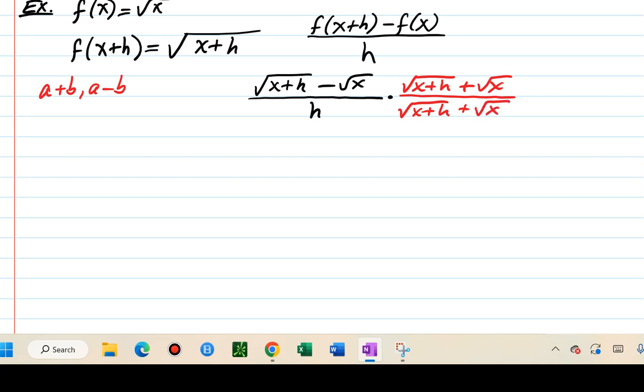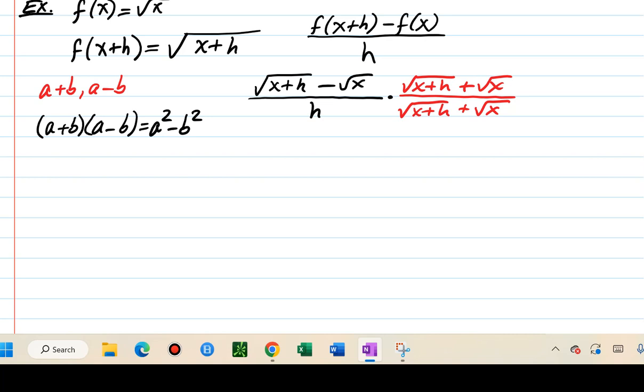Good. Now, why did we do this? Well, when I multiply two conjugates, let's do a plus b times a minus b. Remember, in our special factoring formulas in our review lectures, if you've forgotten, you can go back to the review lectures for my college algebra. We get a squared minus b squared, the difference of two squares, right?